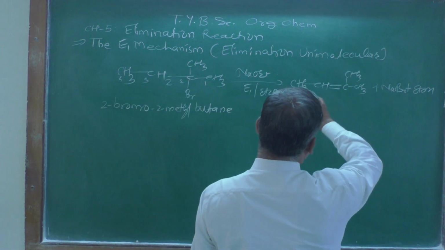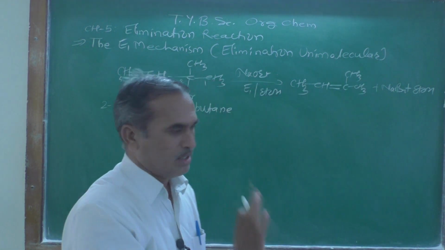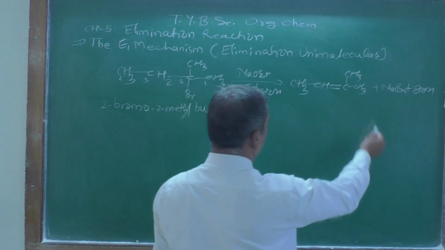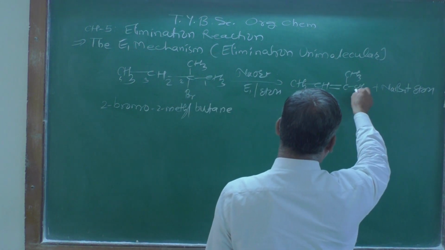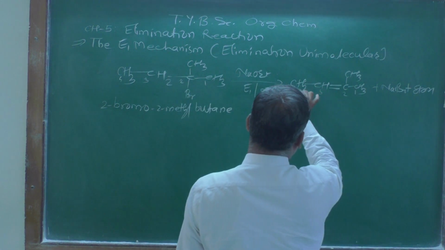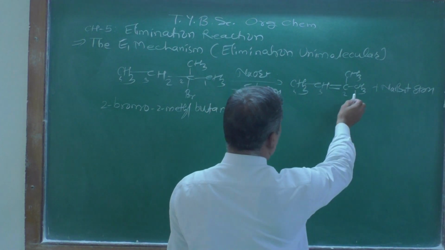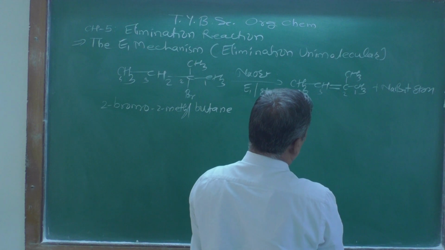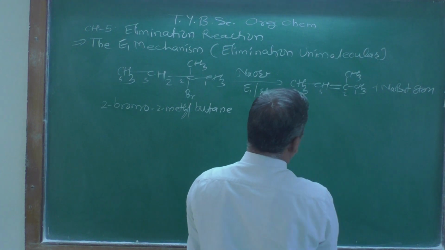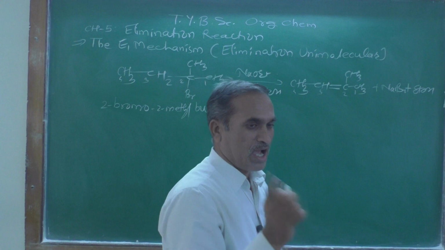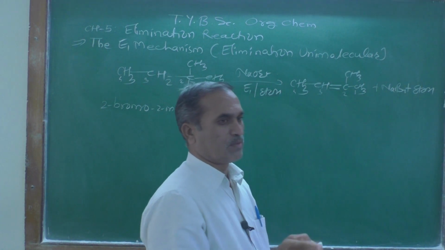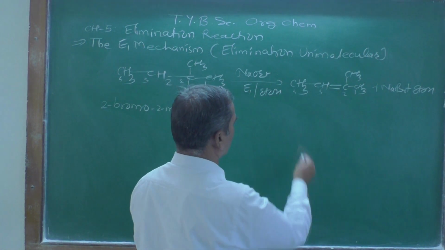Now if you look at this one, I am writing only one major compound over here. Here the IUPAC name of this compound, 1, 2, 3 and 4, right? And now if you see this structure carefully, what do you see over here? At 2 position there is a methyl group as well as a carbon-carbon double bond also present at 2 position.